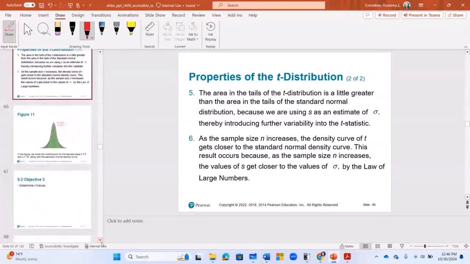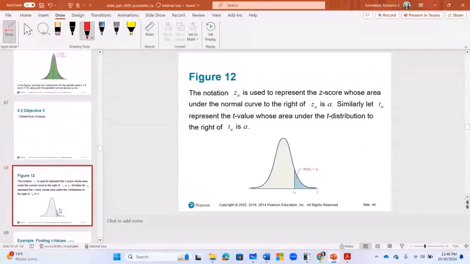And then let's go to t distribution. The notation z alpha is for z, normal distribution. T alpha is for t, okay? Similarly, we let T alpha represent the T value whose area under the T distribution to the right is that.